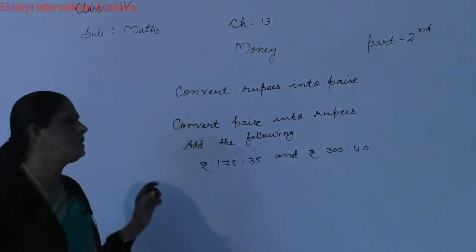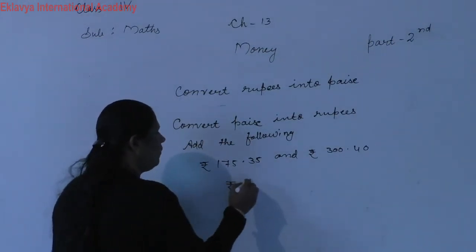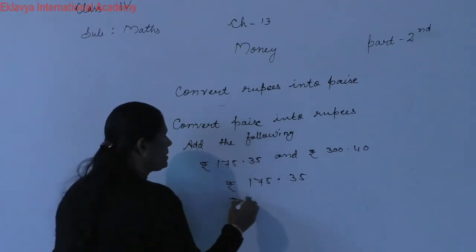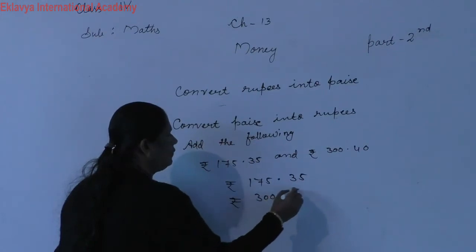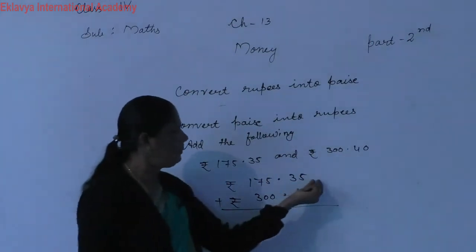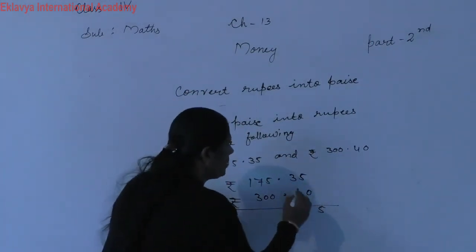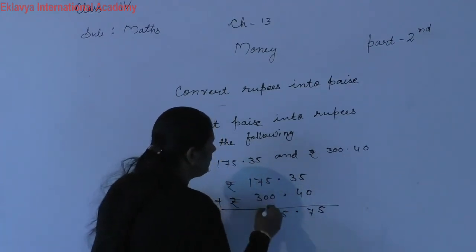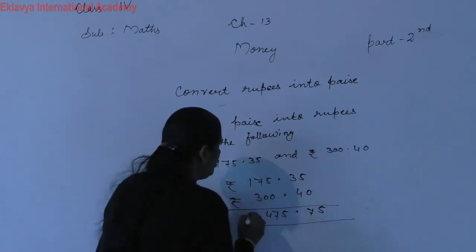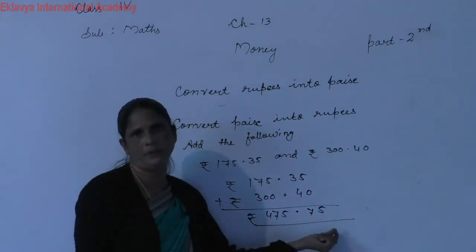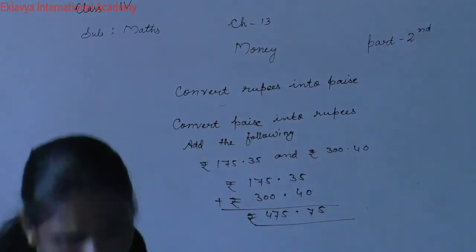First we add these numbers. 5 plus 0 is 5, 3 plus 4 is 7, then the point, then 5 plus 0 is 5, 7 plus 0 is 7, 1 plus 3 is 4. Then you put the rupees sign also. Our answer is 475.75.